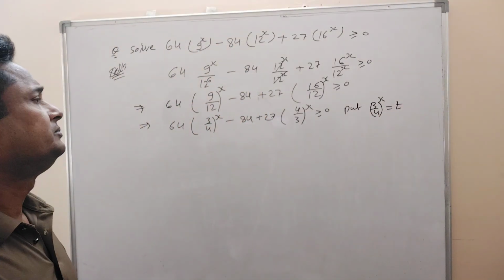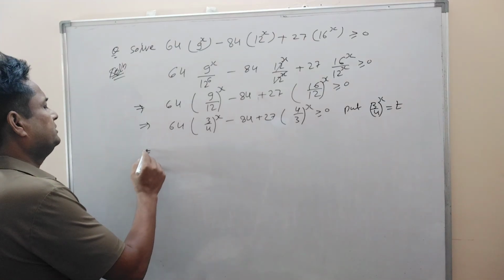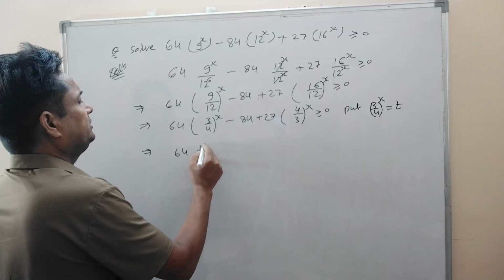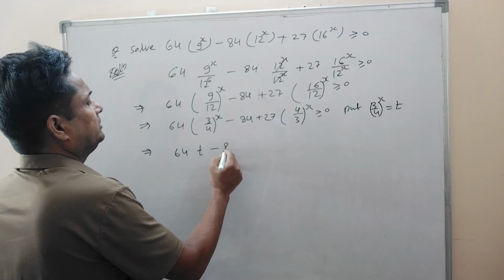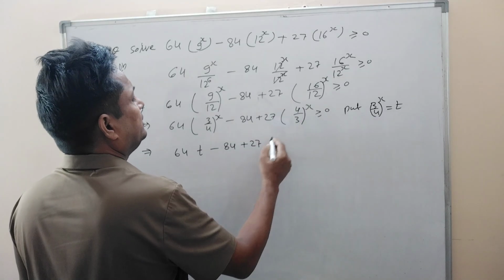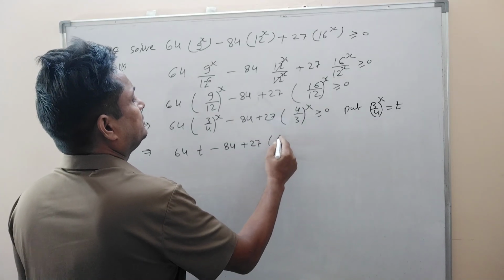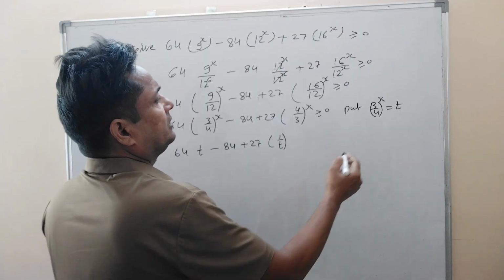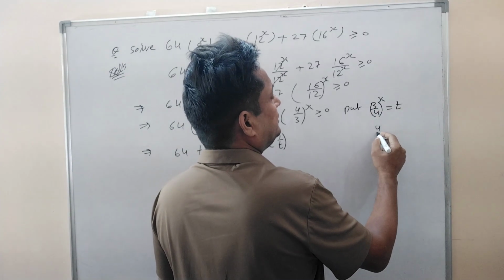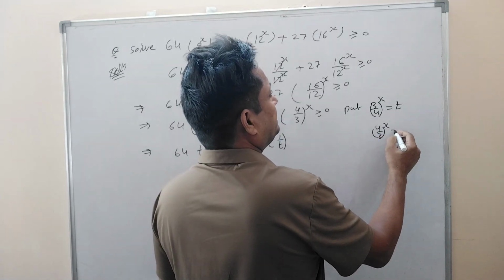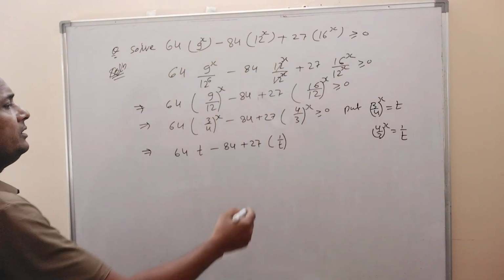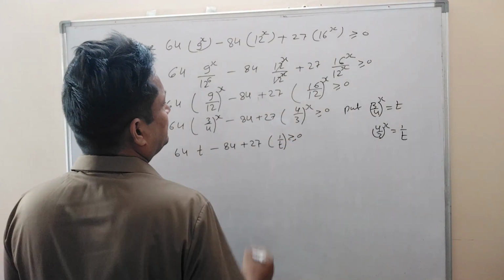So now this is 64 times t minus 84 plus 27 times 1 by t. If (3 by 4) to the power x is equal to t, then (4 by 3) to the power x will be 1 by t. So this will be greater than or equal to 0.